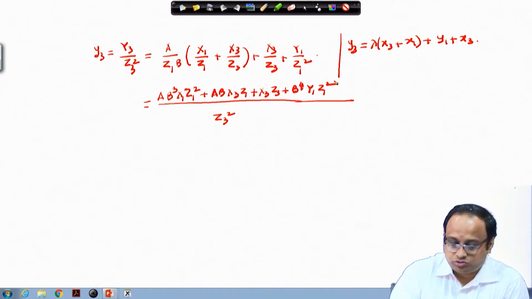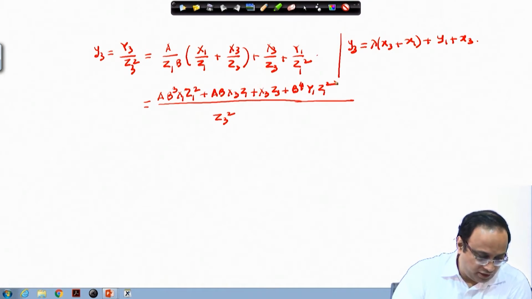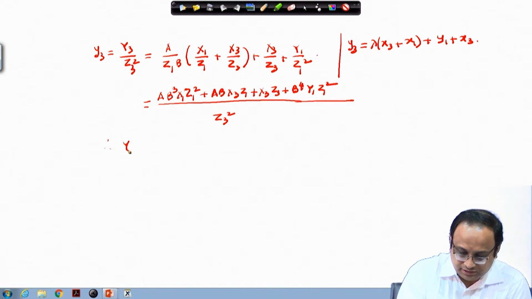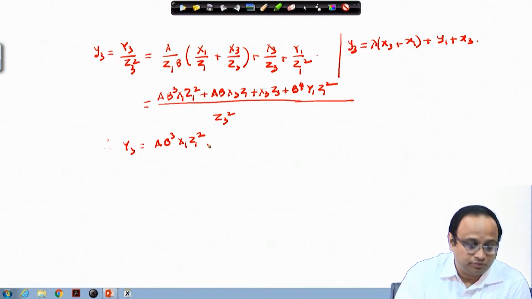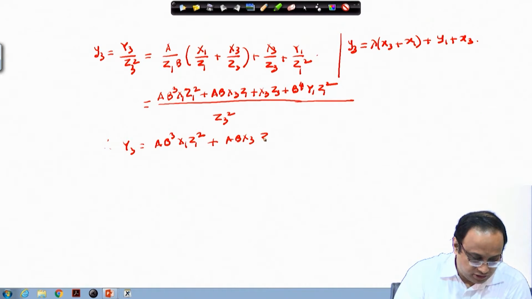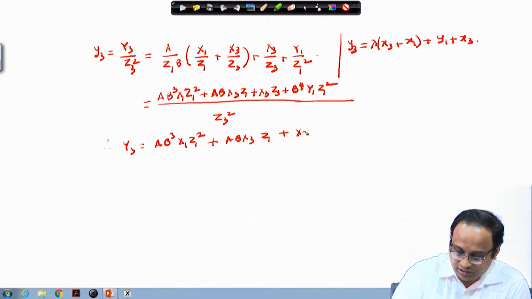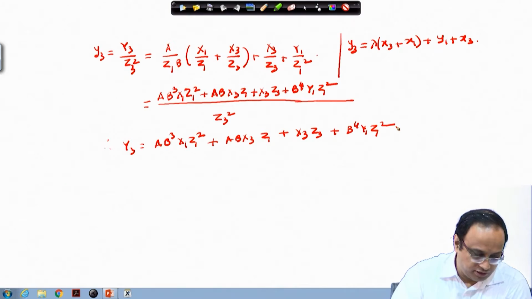Right. So, if you have these components, then now you can write y3 as AB cube X1 Z1 square plus AB X3 Z1 plus X3 Z3 plus b to the power of 4 Y1 Z1 square.